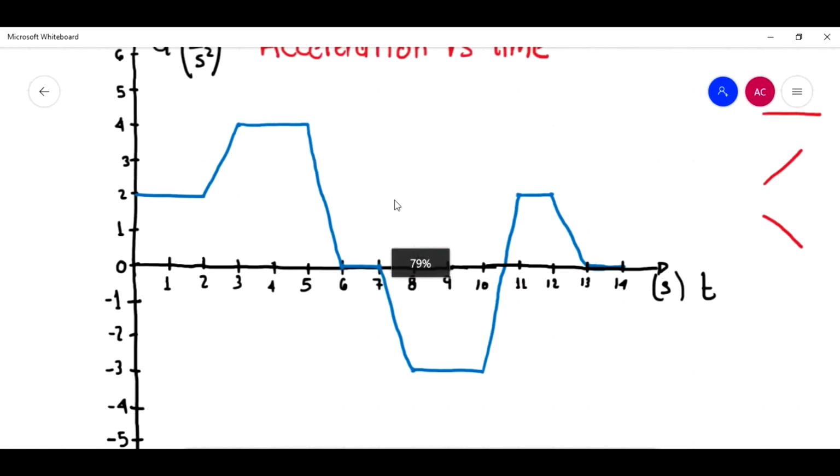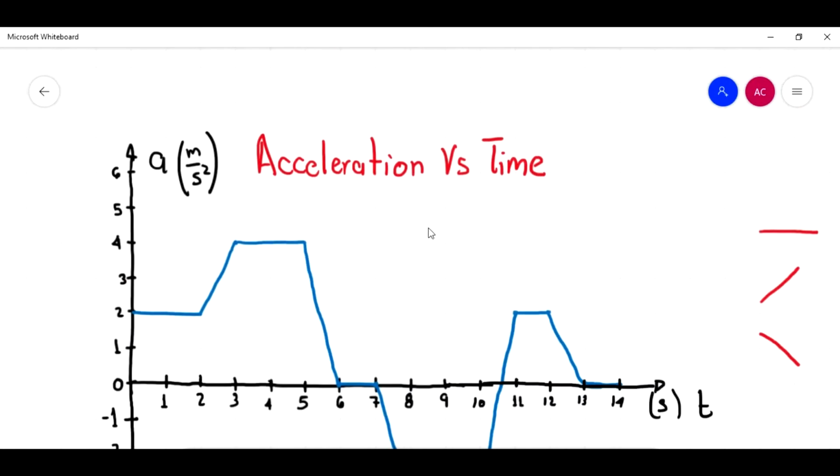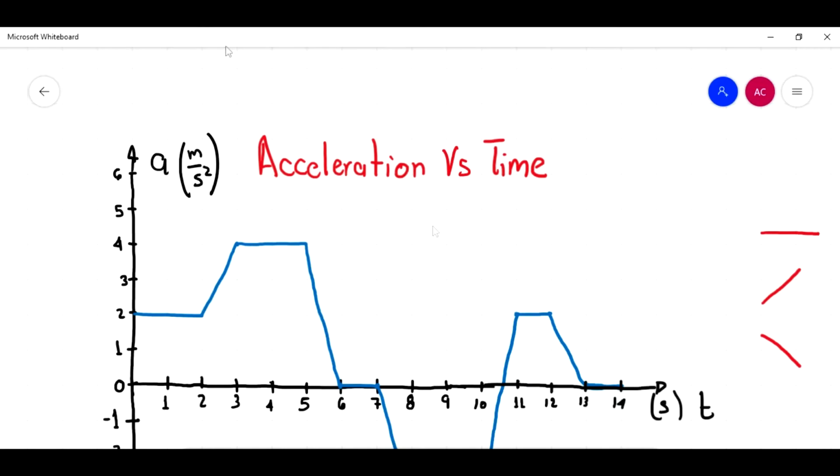Remember that if the acceleration is 0 meters per second squared, that means that the car or the object is going to move at constant velocity.